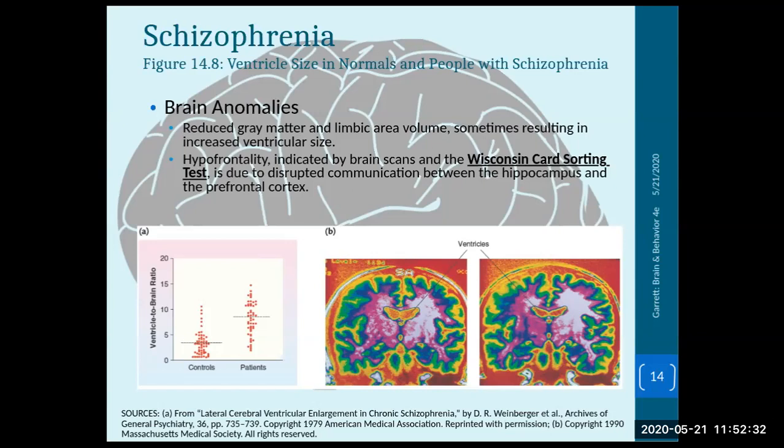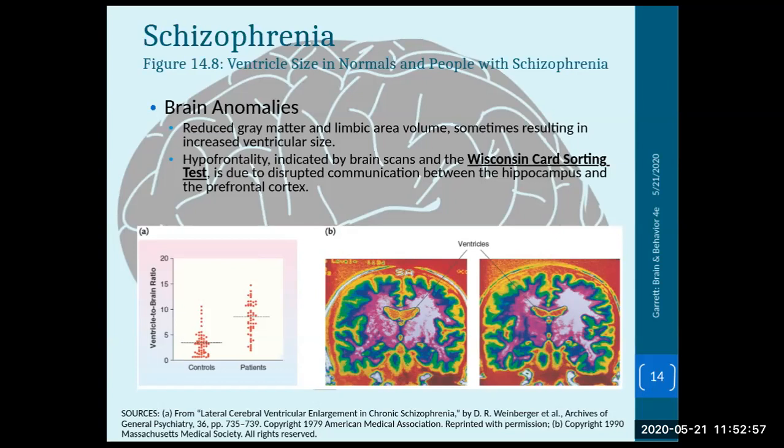Looking at patients with schizophrenia in brain scans, we see reduced gray matter, reduced areas of the limbic system, which includes the hippocampus and amygdala. Sometimes if it's around the ventricles, of course, that results in increased ventricular size. So more cerebrospinal fluid, less brain material, that could be problematic.